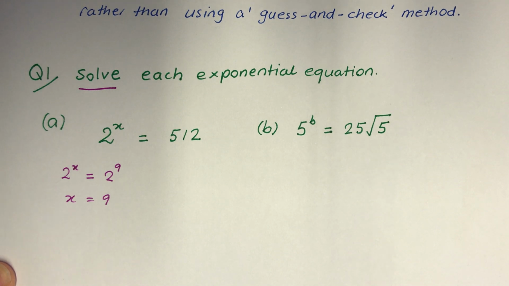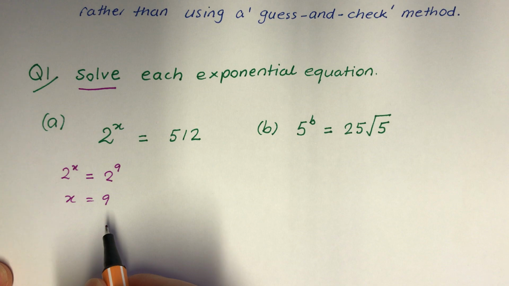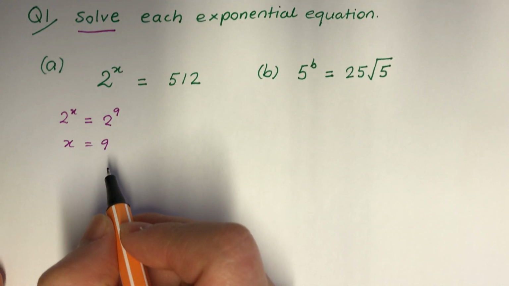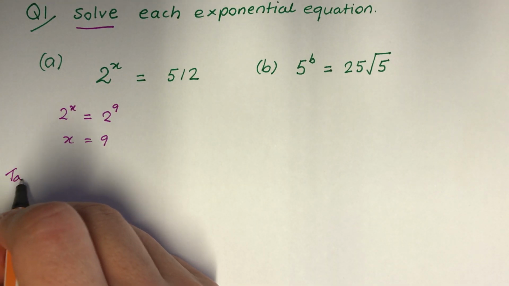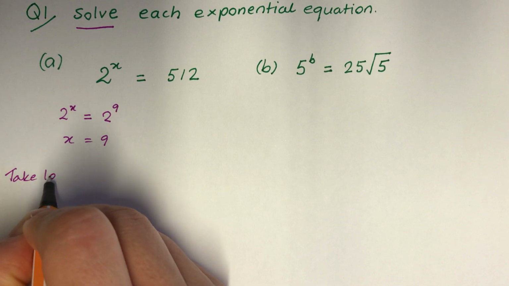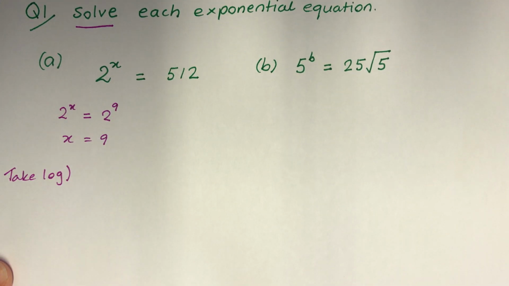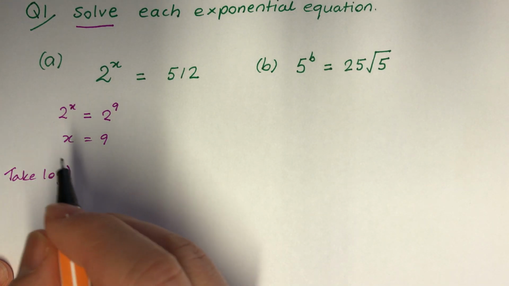But most of us don't know that 512 is 2 to the power of 9. I didn't know. Another way you could do is take log. We don't say multiply by log, we say taking log.